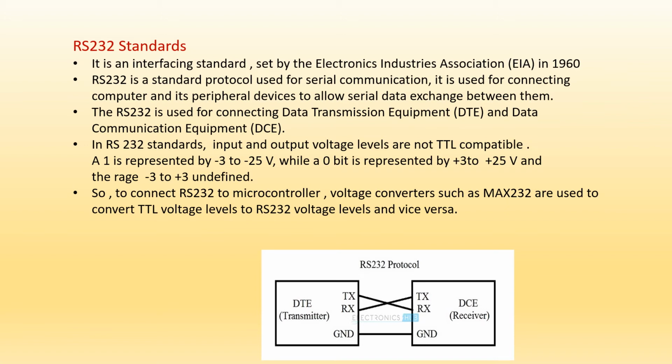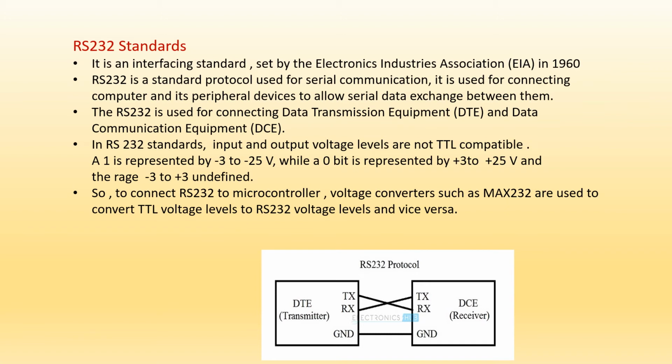The RS-232 standard protocol is basically used for serial communication. It is used for connecting the computer and its peripheral devices to allow serial data exchange between them. Earlier, to connect a printer or a monitor to the CPU, the RS-232 cable was used.